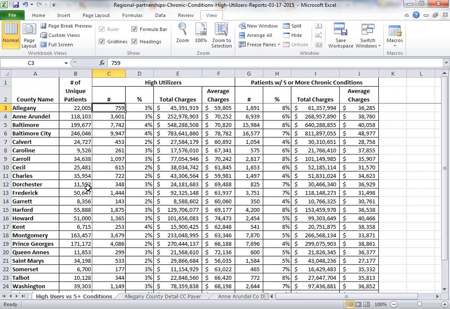One of developing plans to do care coordination and care management for the high utilizers, and two, working with the community-based providers to avoid or to reduce the risk of people with multiple chronic conditions so they won't become a high utilizer. So that's what the purpose of the contrasting table is, and you can see that the patients with 5 or more chronic conditions cost less each.